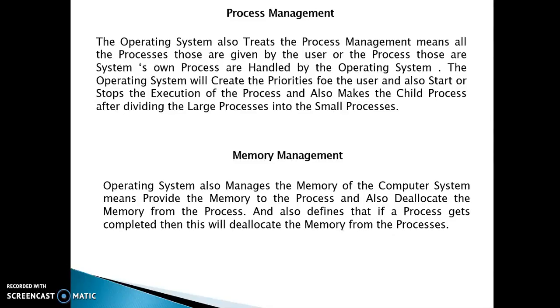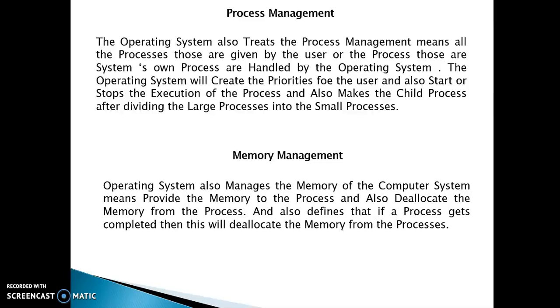Process management. The operating system also handles threads and process management, meaning all the processes given by the user or the system's own processes are handled by the operating system. The operating system sets priorities, starts or stops the execution of processes, and also makes child processes after dividing a large process into small processes.